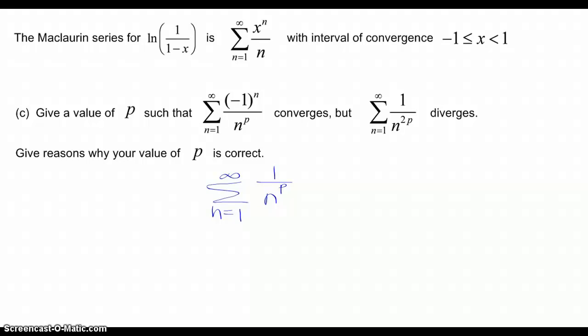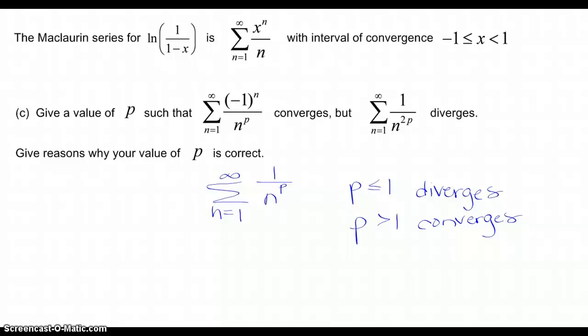We know that for any value of p less than or equal to 1, this p series diverges. We also know that for any value of p greater than 1, our p series converges. So what we're going to do is I'm going to start with the positive one because that's the most obvious one.